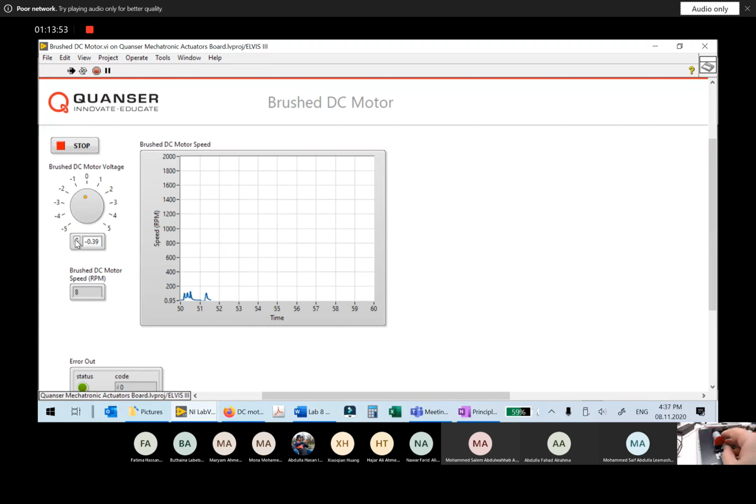Okay, let me stop the motor. Now I want to see from 0 speed. Now it moves, but not really continuous. Okay, I'll consider this as continuous motion. So in the opposite polarity, I see 0.45 volts.